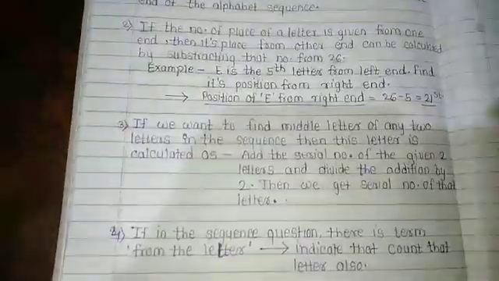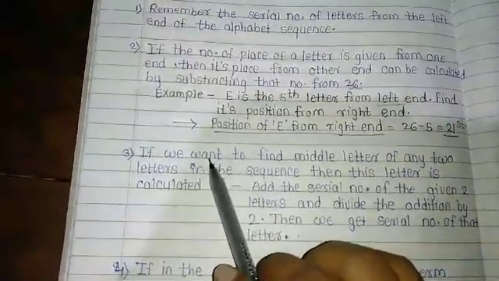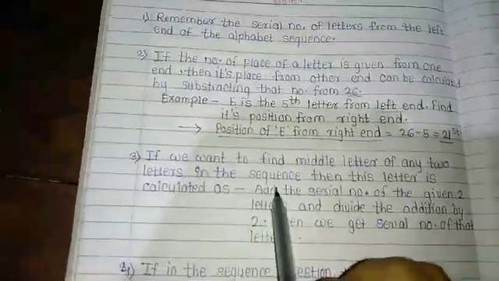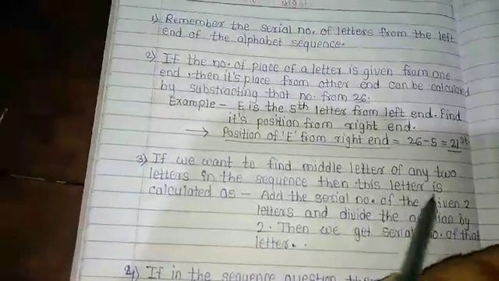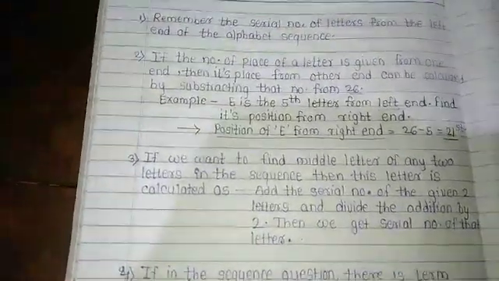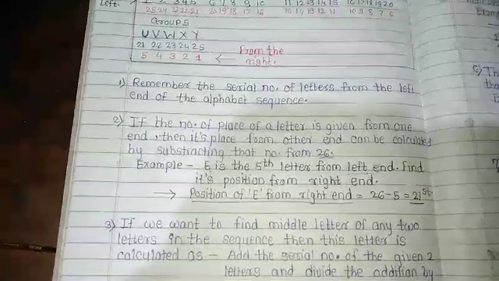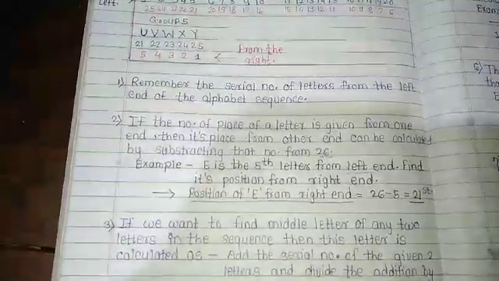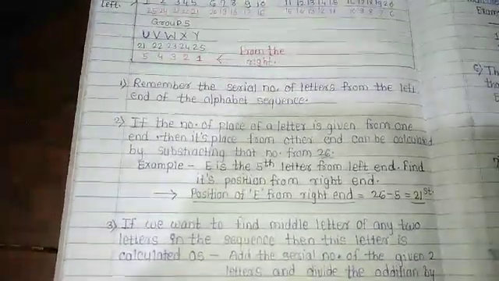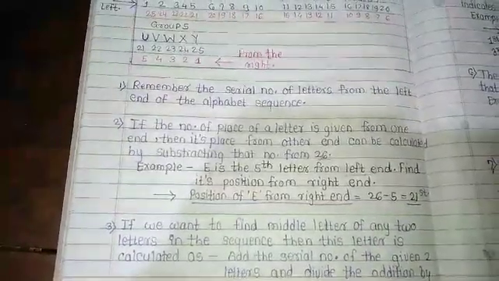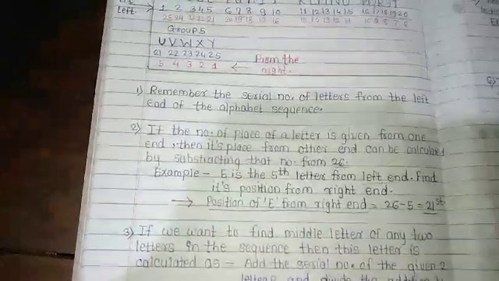Next, if in the question you want to find the middle letter of any two letters in the sequence, and they give you two letters, for example, find the middle letter between M and P, or between M and R, how do we identify the middle letter from these two letters? So add the serial numbers of the given letters.